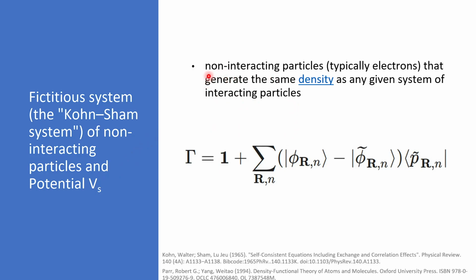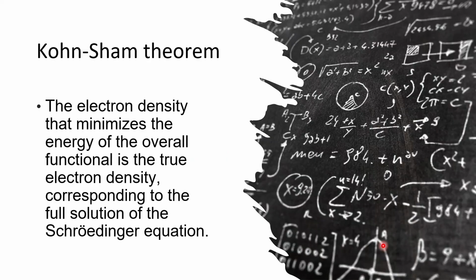So here, let me read: the non-interacting particles, typically electrons, generate the same density as any given system of interacting particles. We have here our projector. So, so much for that one.